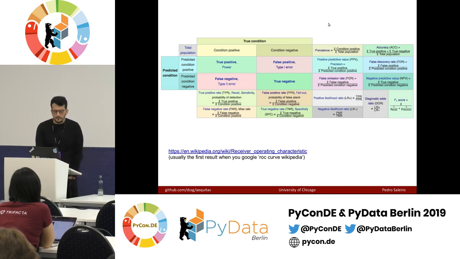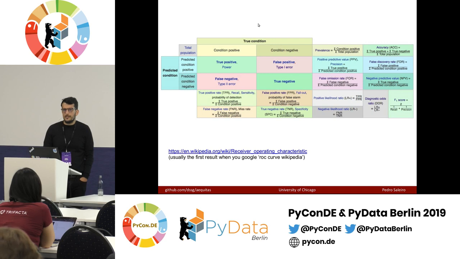So in order to really understand the results that the Aequitas toolkit gives you, if you don't know all these rates, it's good to have this table on the side. It can help you understand what you get.